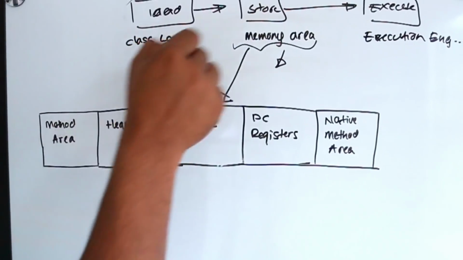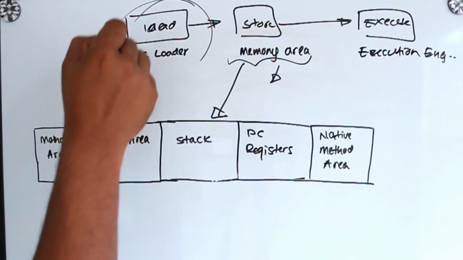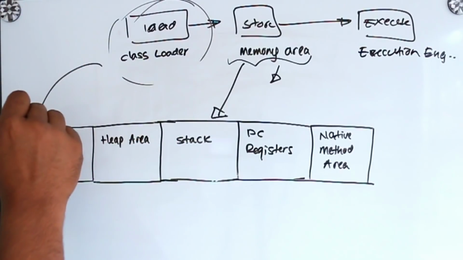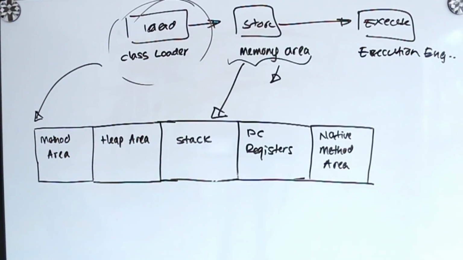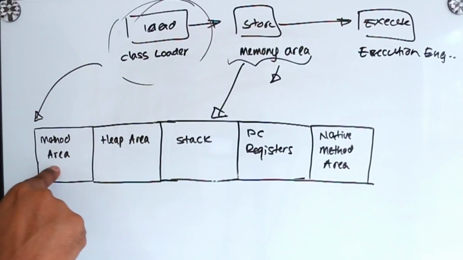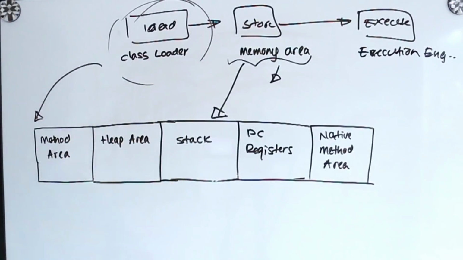So when you load the class, it will load all the class information into this method area. This is there to keep the class information, some type information about the class. And you have a heap area.